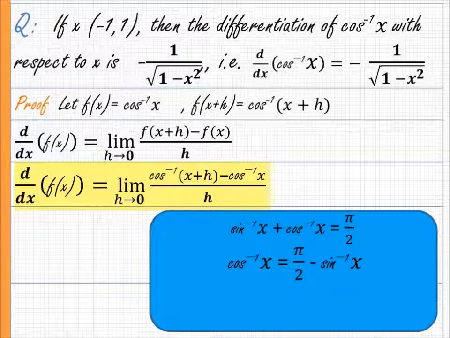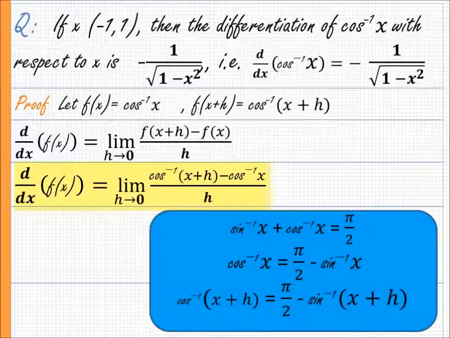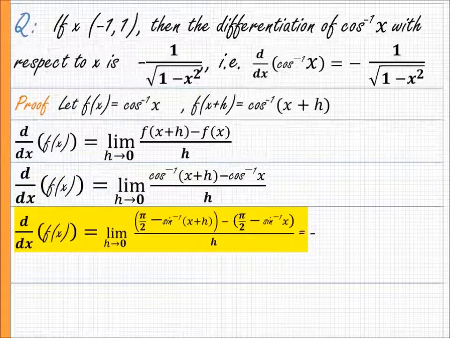That means in place of cos inverse of x plus h, we can write half pi minus sine inverse of x plus h, and similarly, in place of cos inverse x, we can write half pi minus sine inverse x. So now the derivative becomes limit h approaches 0, half pi minus sine inverse of x plus h, minus half pi minus sine inverse x.